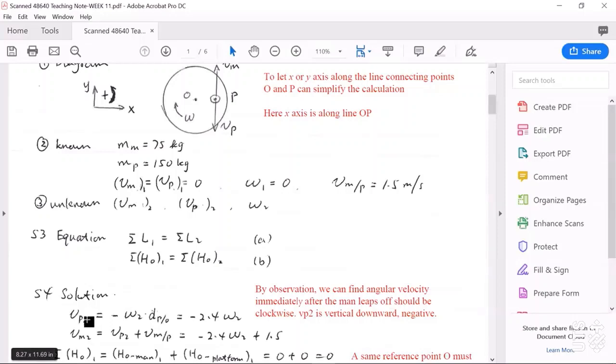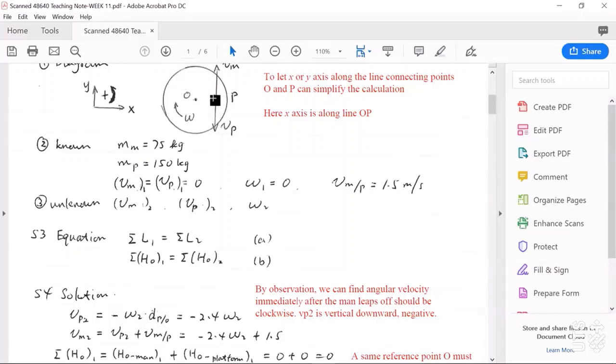Okay, Vp2 is equal to omega 2 times the distance from point O, the rotation center, to point P. By observation, we know this angular velocity immediately after the man leaps off should be clockwise.